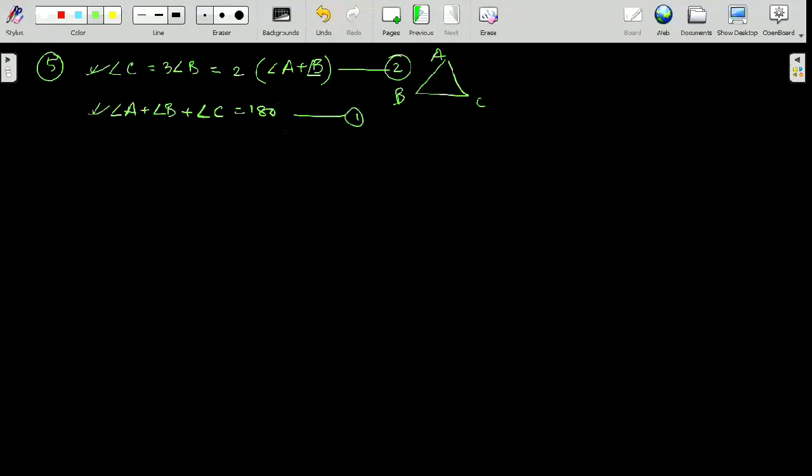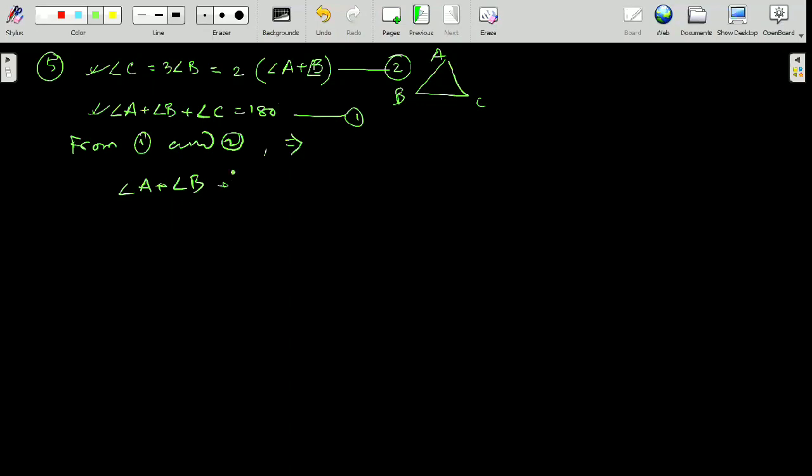Now, from this, you have to eliminate the variables. From 1 and 2, we have angle A plus angle B, and this C can be replaced by 3 times angle B, or anything else. 3 times angle B will not be suitable.